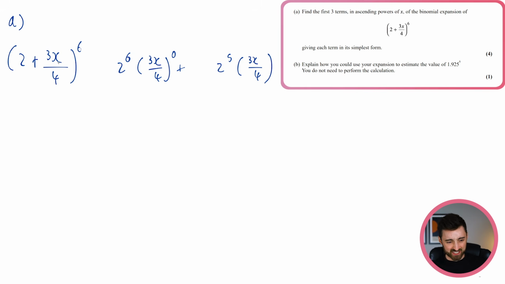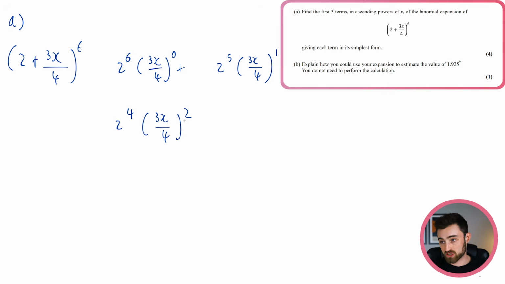Because think about it, if I had 6 of these brackets, there's a product of 6 things, isn't it? So it's just a combination of how many 2's you are getting and how many 3x over 4's you are getting. So that's going to be to the 1. And then the last term here is going to be 2 to the 4 corresponding to this squared. Now the full binomial expansion would go all the way till that goes to 0 and that goes to 6.